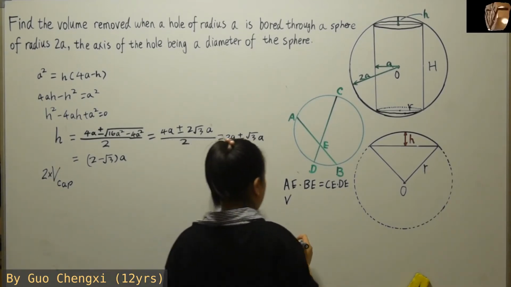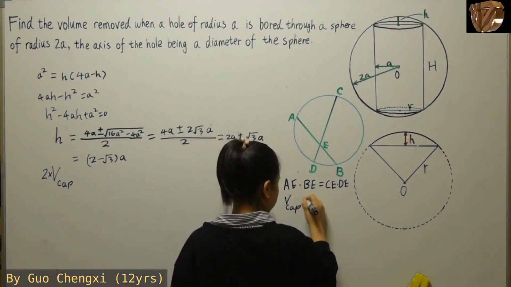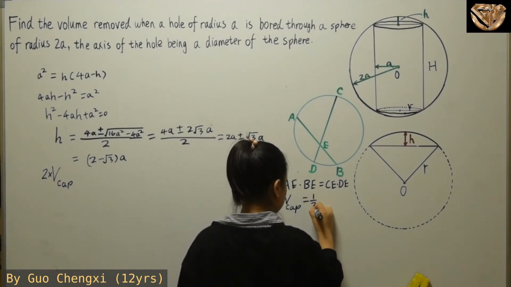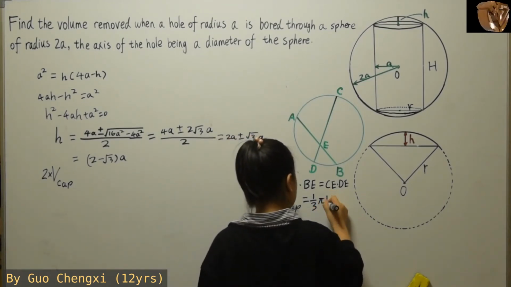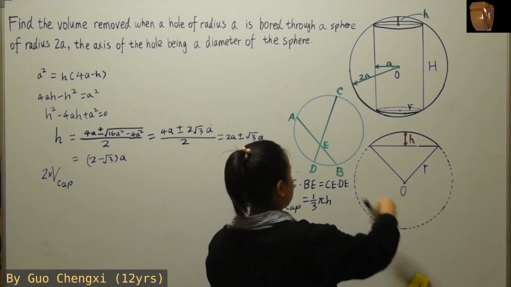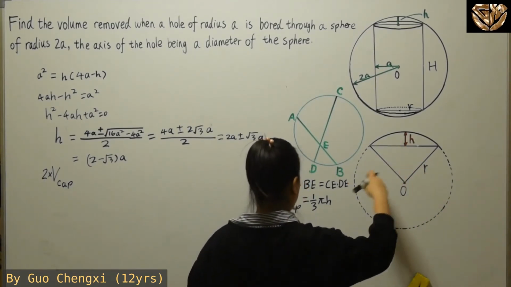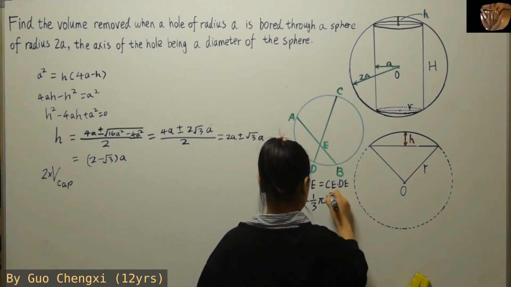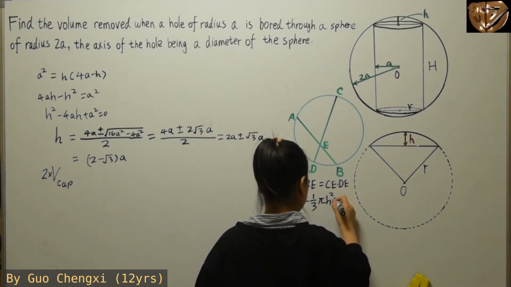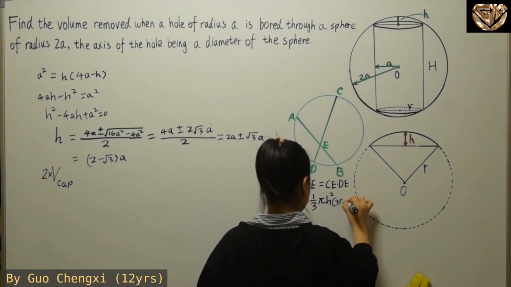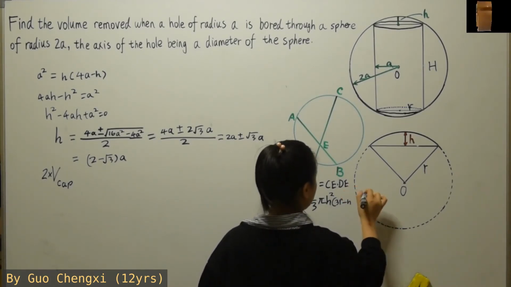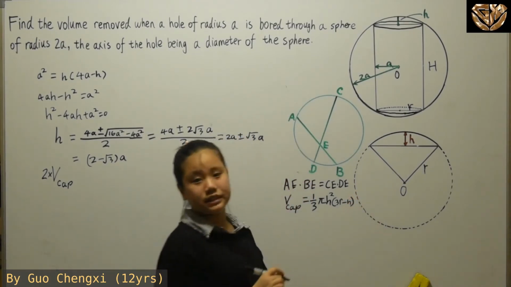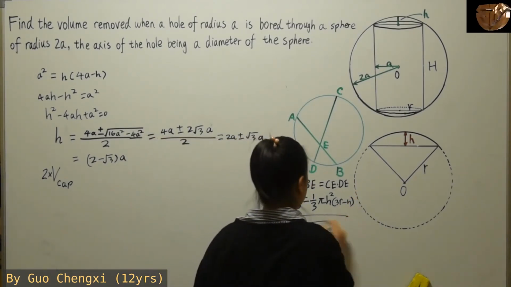So the volume of the cap is basically, when I write this, it's according to this circle with this dotted outline over here, okay? It'll basically be like this. So this is the formula, okay?